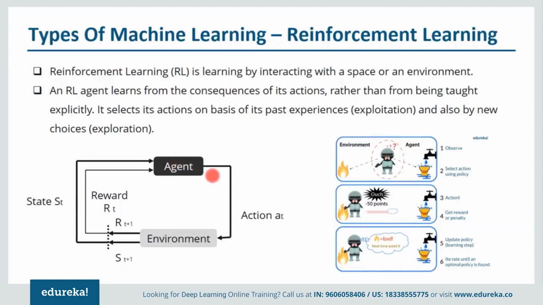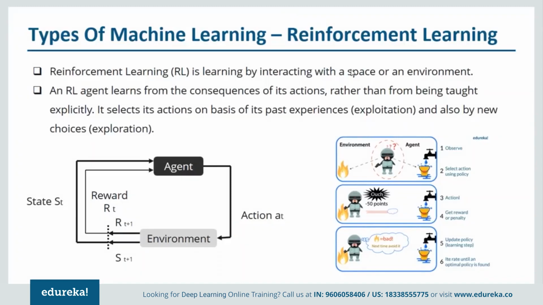Now there's a diagram in front of your screen. You have an agent, and that agent performs some action. On the basis of that action, it'll be exposed to some sort of environment. If that action is correct, then it'll be rewarded. But if it is not, then it'll change its choice and again perform some action. So this process will keep on repeating. So this is how reinforcement learning works.